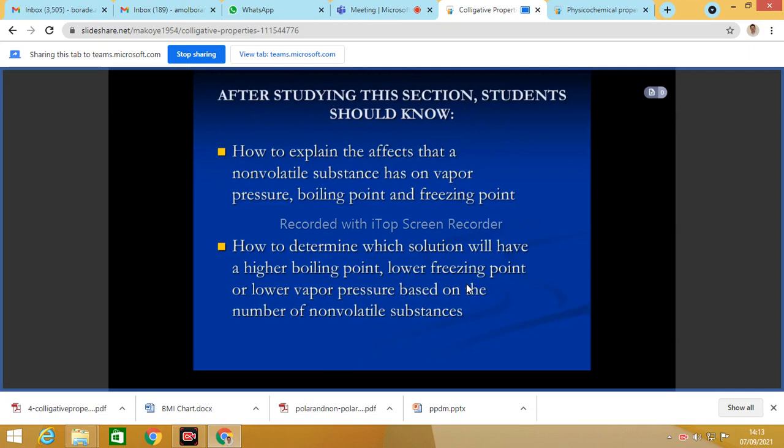So, when we say that colligative property is affecting or influencing a particular chemical, we are always considering a non-volatile substance. Non-volatile substances are substances which have lower vapor pressure.